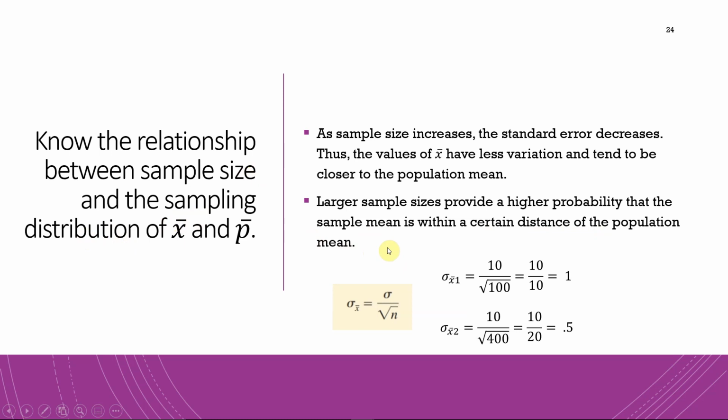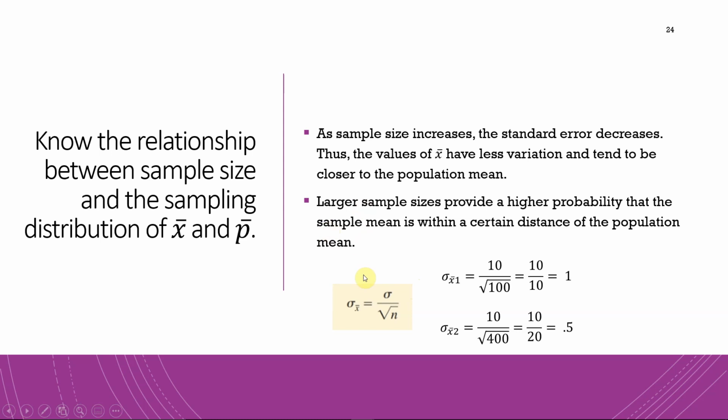Remember, the standard error, the standard deviation for the sampling distribution, depends on the sample size. So if your sample size is larger, your standard error is going to be smaller. Think about that as the big picture too: you're going to have different sampling distributions depending on the sample size that you use.